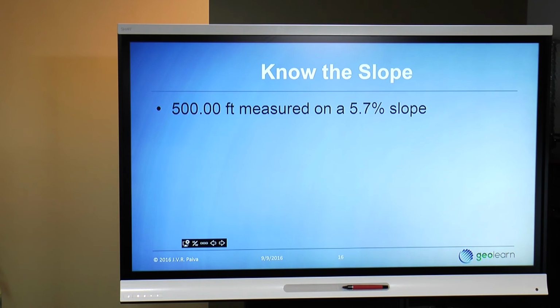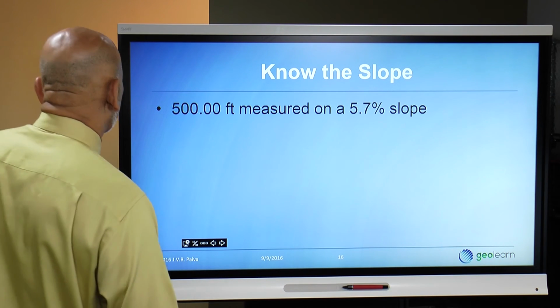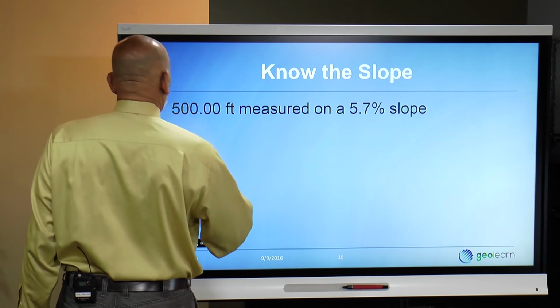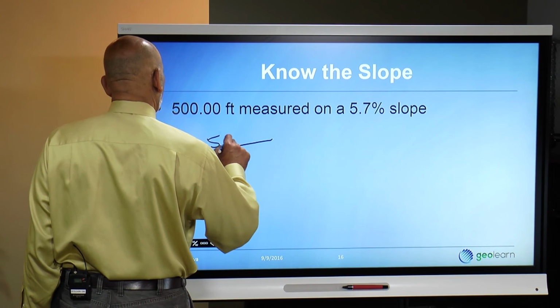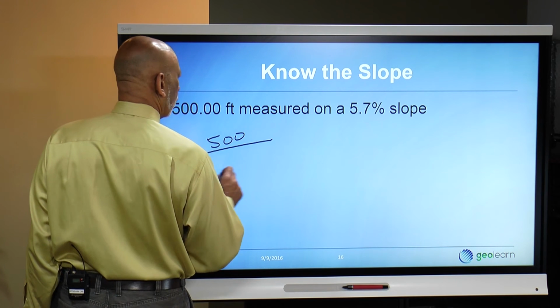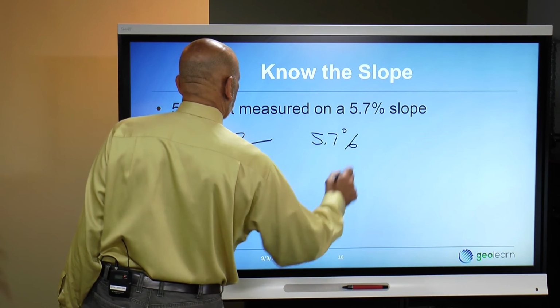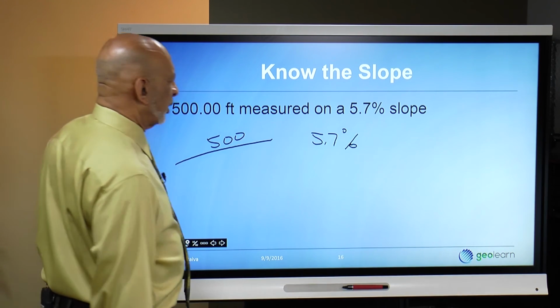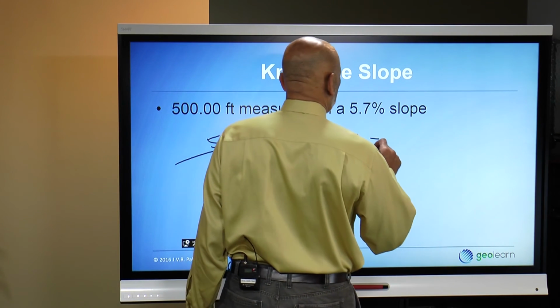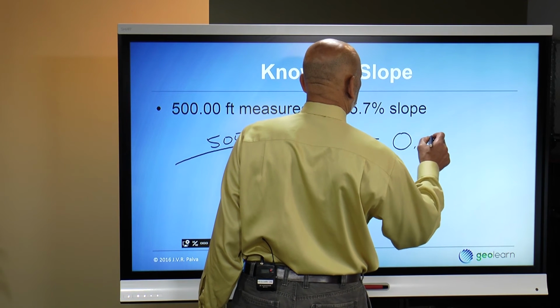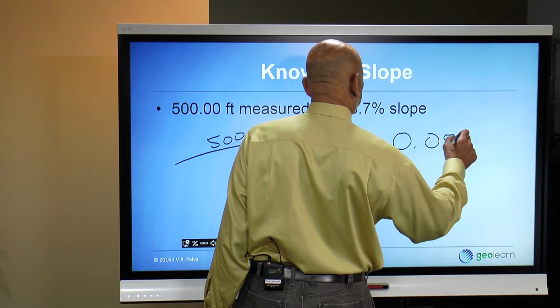All right. Then if you know the slope, this should be fairly simple. If you know the slope, you have 500 feet on the slope, and you're told that this is a 5.7% slope. By the way, sometimes it's expressed this way. Just realize that as a pure number, this is actually 0.057.